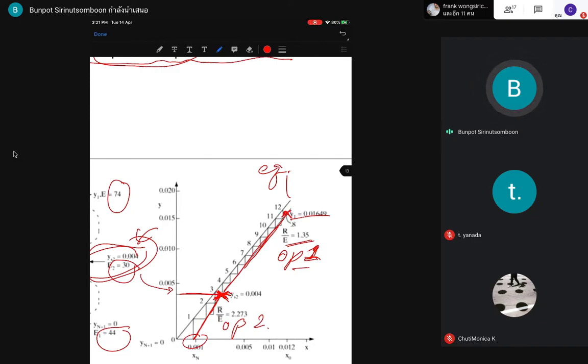So there are two ways to draw operating line 1. The first way is to find the intersection here and use the slope. The second way is to find this point here and use the slope. Either way you can draw this operating line OP1 here.